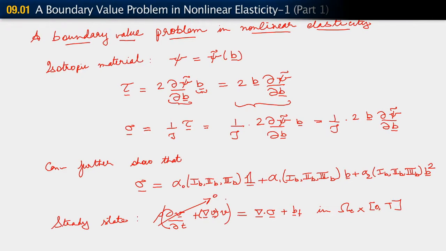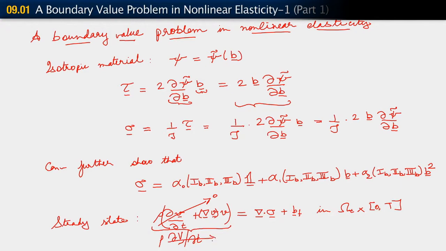All right, and in fact, what we're going to do is take a further step. We know that all of this can also be written as rho times the derivative of the material velocity with respect to time.